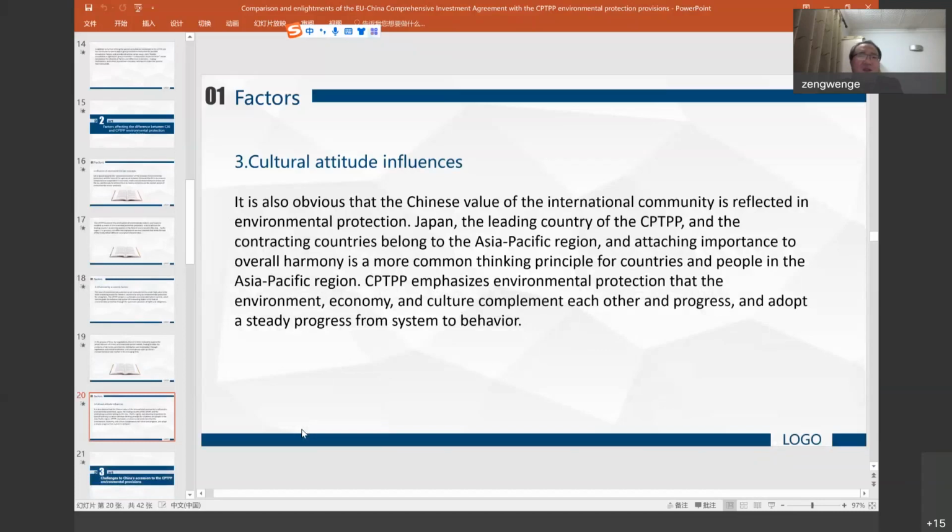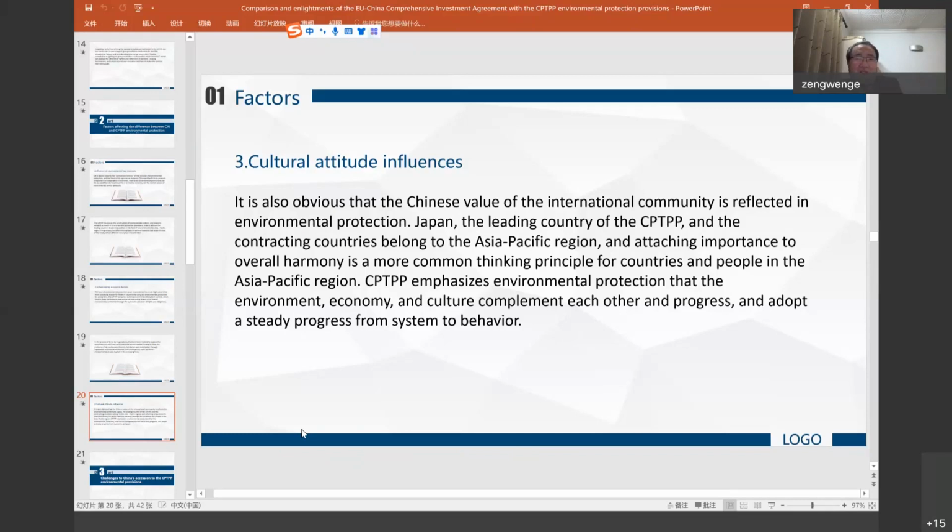The third one is the cultural attitude influence. It also obviously shows the Chinese value of the international community in the action of environment protection. Japan is the leading country of the CPTPP, and the contracting countries belong to the Asia-Pacific region. Attaching importance to overall harmony is a more common thinking principle for the countries and peoples in the Asia-Pacific region.